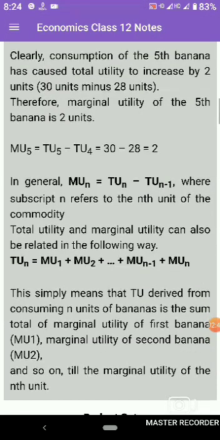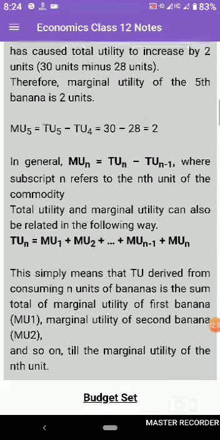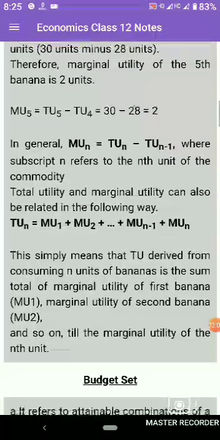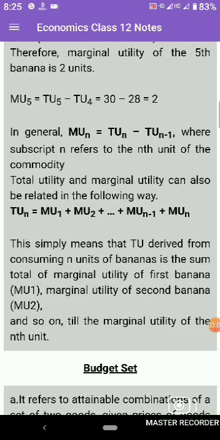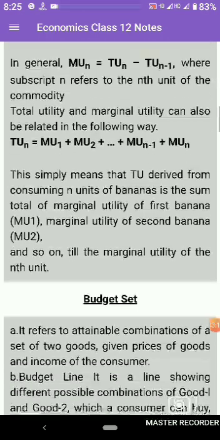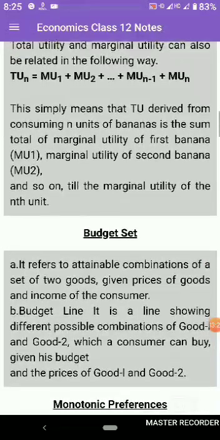Total utility and marginal utility can also be related in the following way: TUn = MU1 + MU2 + MU3 + MU4 + ... + MUn. This simply means that TU derived from consumption of n units of bananas is the sum total of the marginal utility of the first banana, MU1, the marginal utility of the second banana, MU2, and so on till the marginal utility of the nth unit.